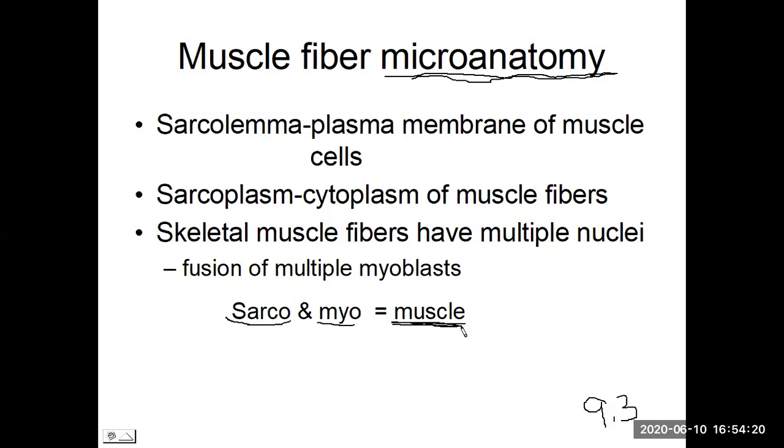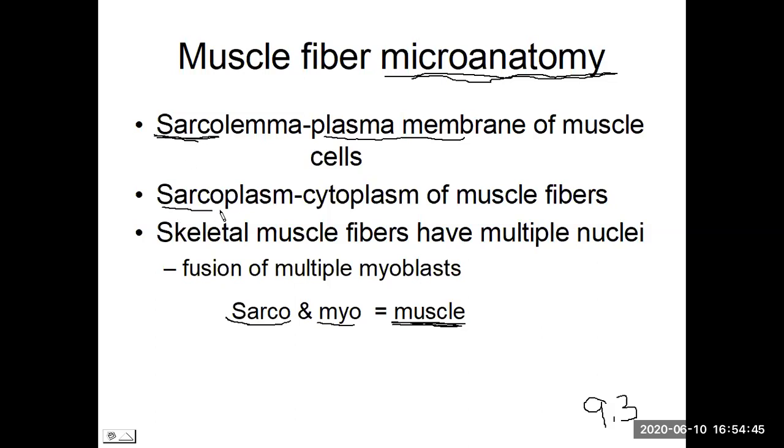So as we start out, we could begin here with what's called the sarcolemma. Every cell in the body has a plasma membrane, a cell membrane as well. And we see this specific term used for the cell membrane of a skeletal muscle cell is the sarcolemma.